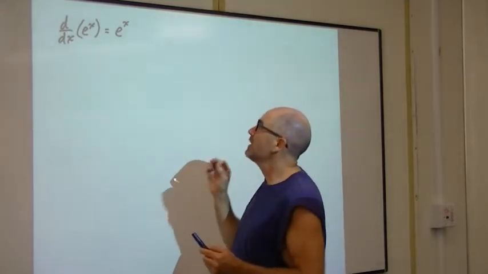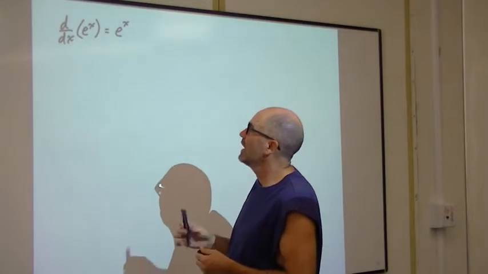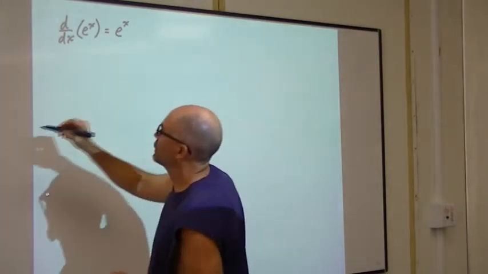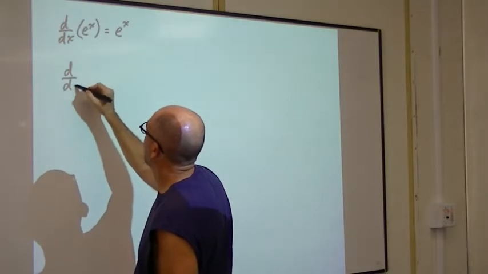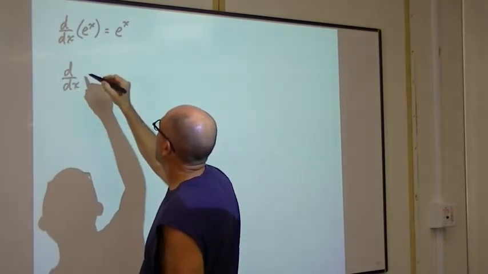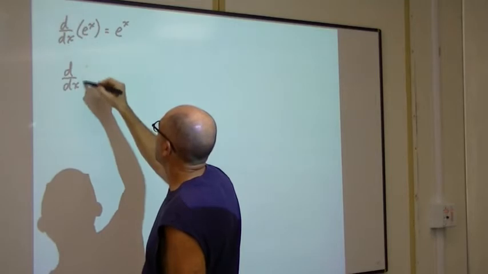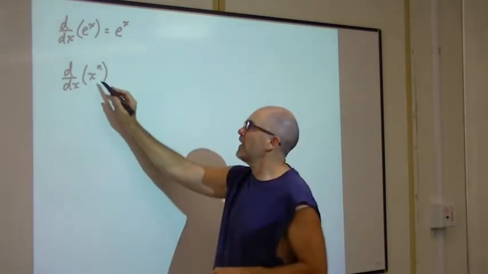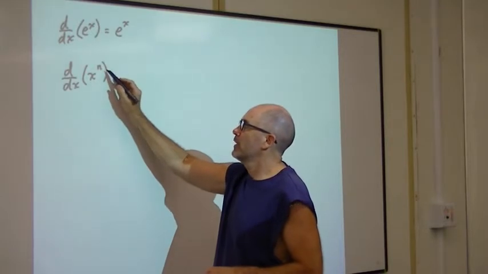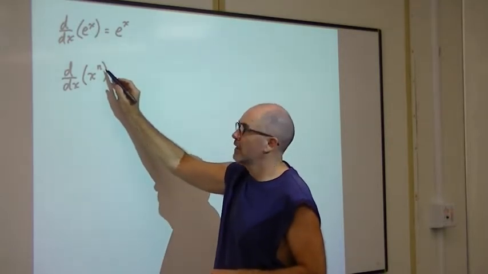Because notice the power rule is the derivative of x to the n. So that's the derivative of a variable to a constant.